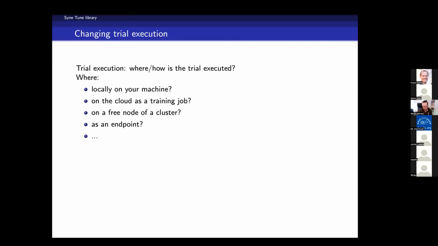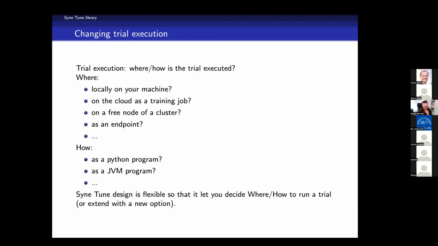As an endpoint, if you want to do something for inference, there's just a lot of possibilities. I'm just showing a Python program, but maybe you want to tune a JVM program or whatever. So we made sure that the design is flexible so that you could add any type of backend.